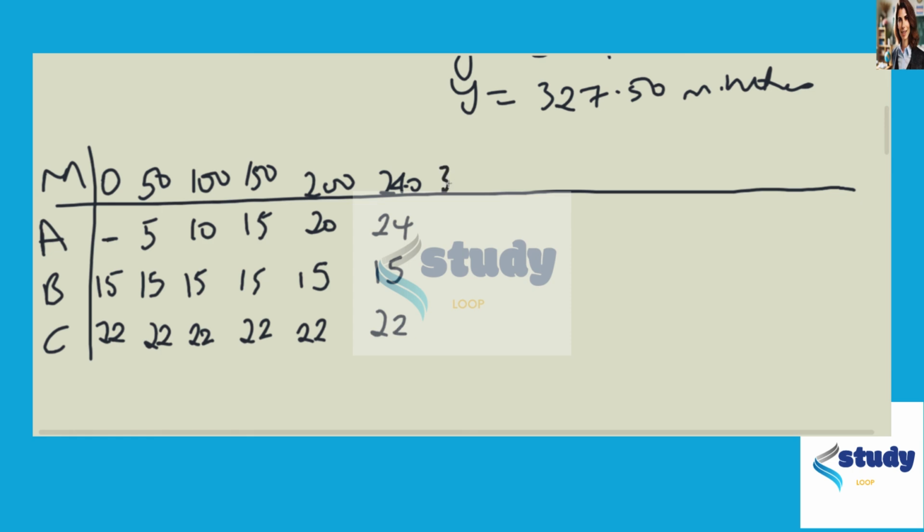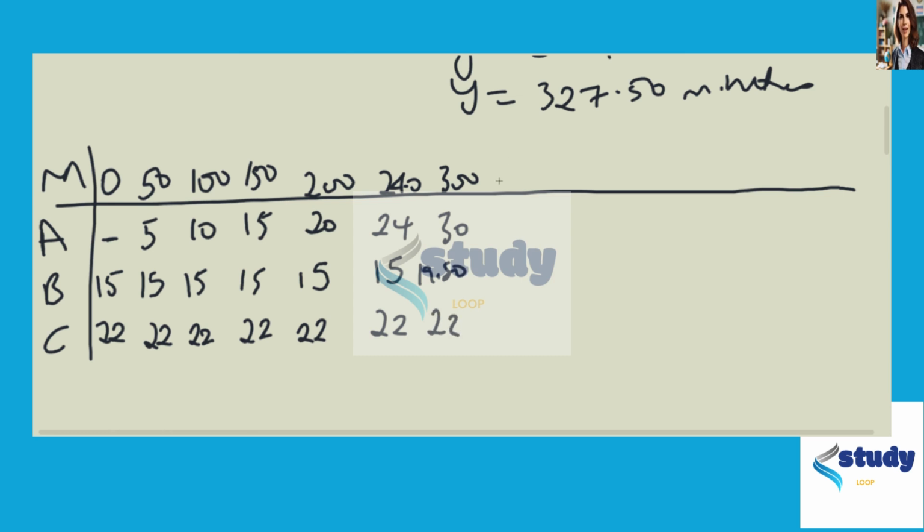Now for 300 minutes, we're going to have 30, 19.80, and 22 here.